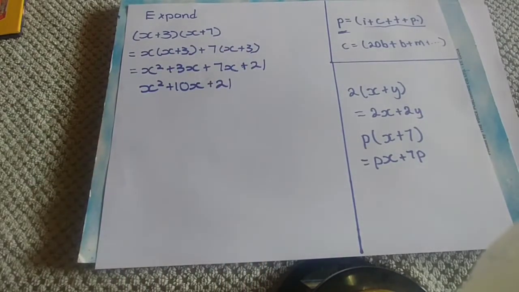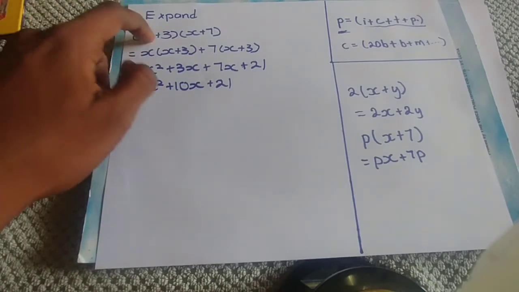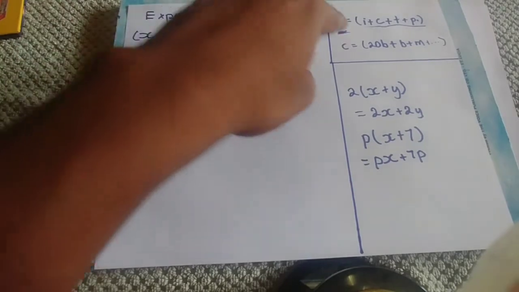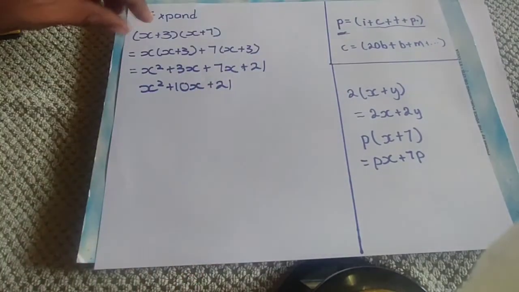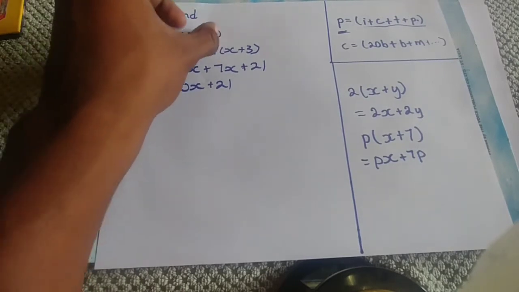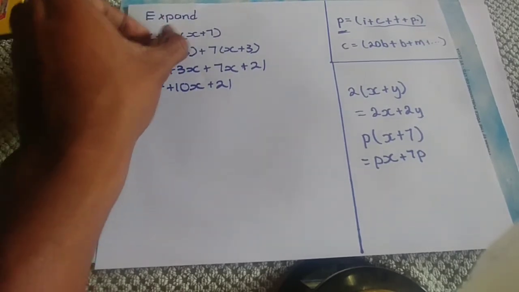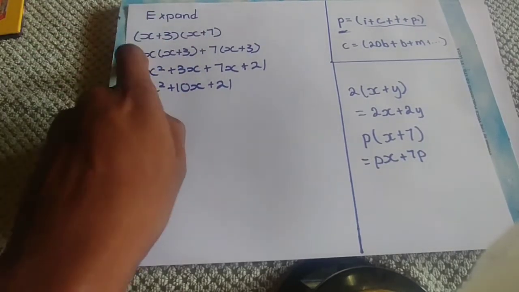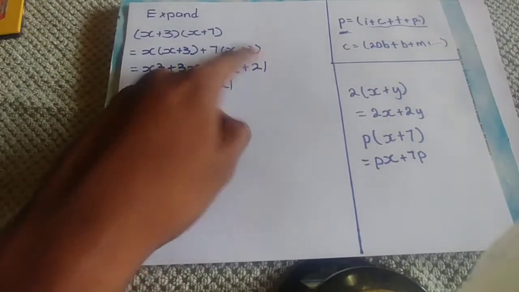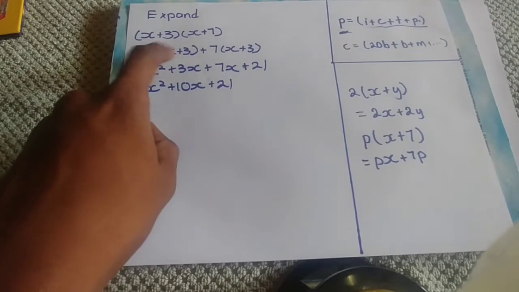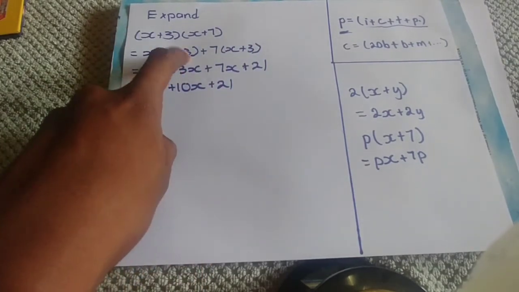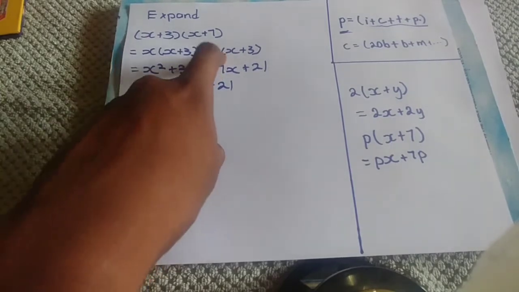All we did, we just pretended that the x plus 3 is like a single letter, like p. So we just pretend as if it's one thing. So we take it and we multiply it by everything inside of this bracket. So x plus 3 by x is this, and x plus 3 by 7 is this. So now we have two different things that we can use distributive law on: x by x plus 3 and 7 by x plus 3.